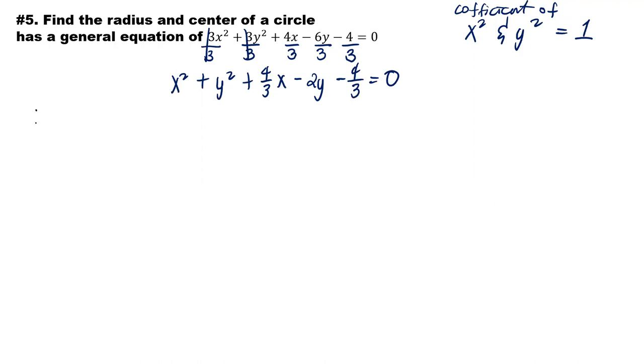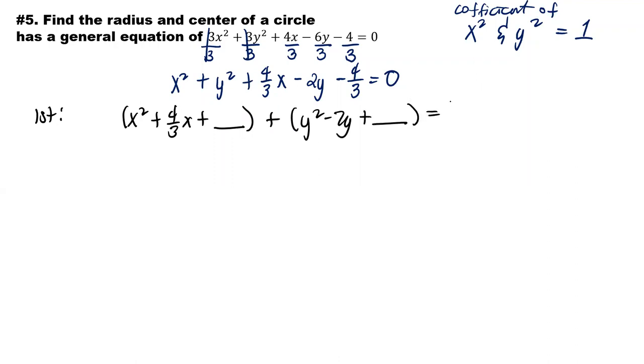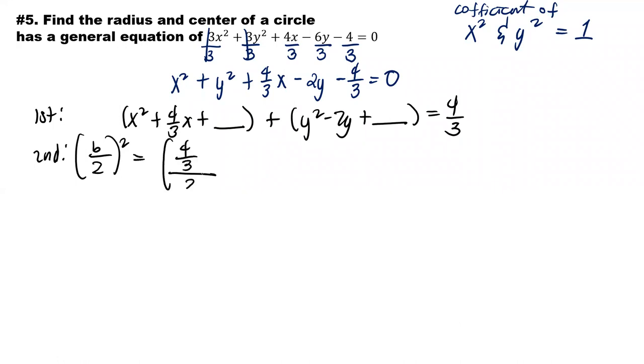Okay? So the first step, again, the grouping. So x squared plus 4/3 of x plus blank plus y squared minus 2y plus blank is equal to 4/3. Completing the square, so we have a fraction here, no? b over 2 squared. What is the value of b? 4/3 divided by 2, then we square it.